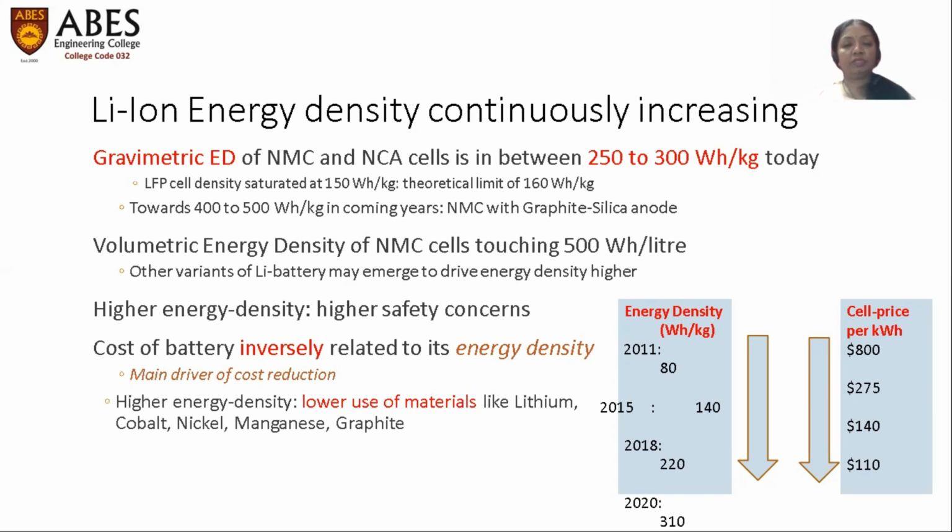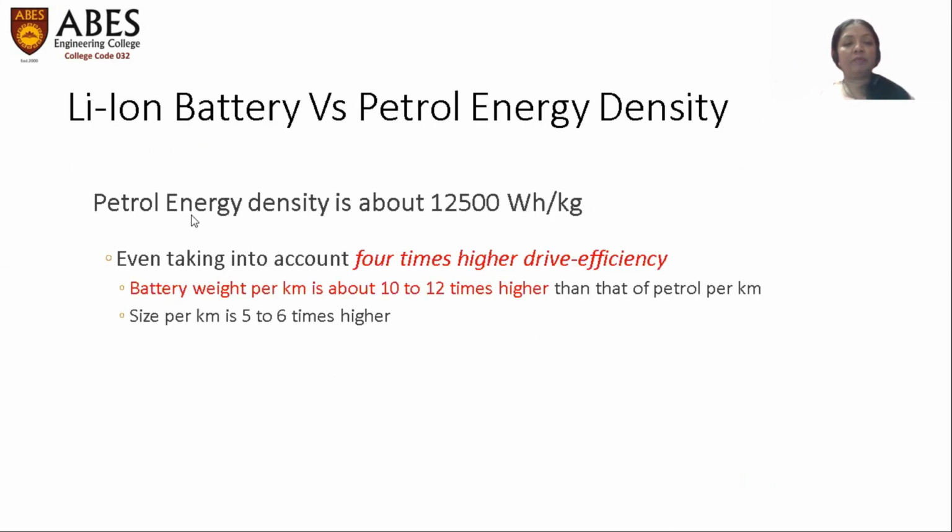In comparison to this, the petrol energy density is 12500 watt hours per kilogram. That means almost 12.5 kWh per kilogram. So it is almost 10 to 12 times more than if I compare the 500 watt hours.